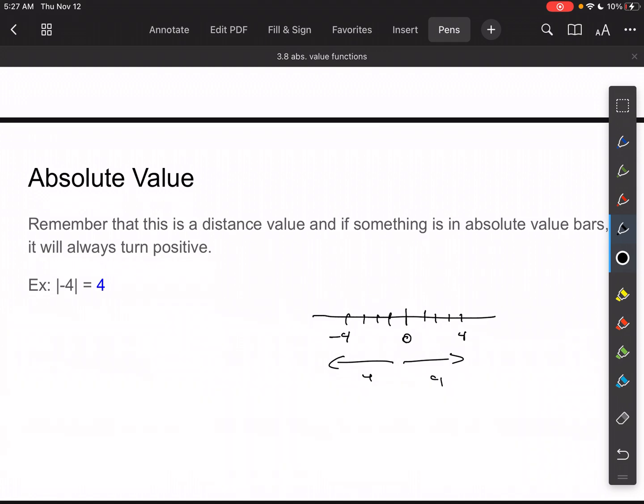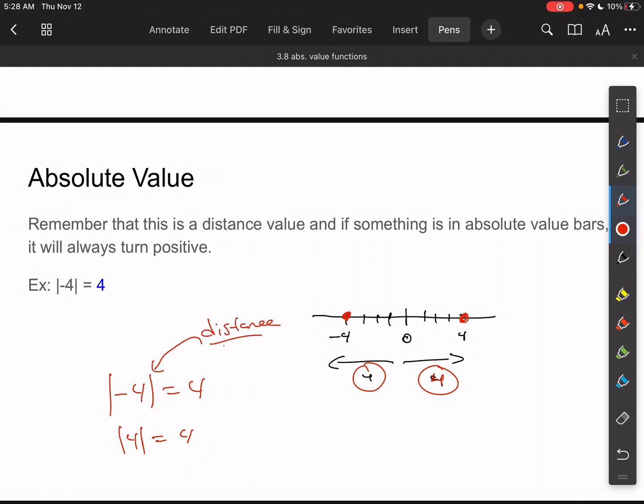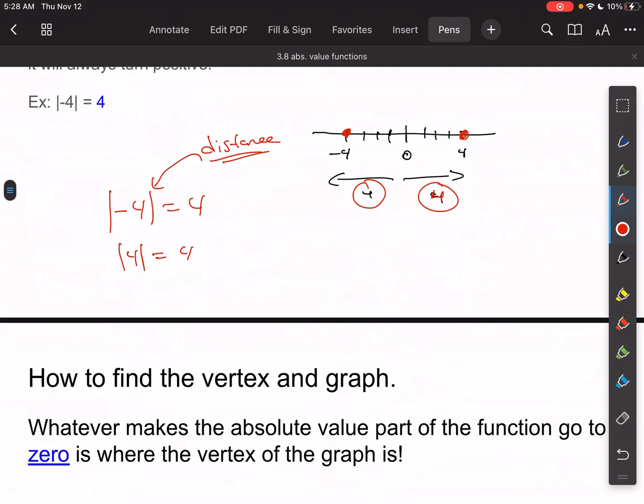So if I'm sitting here on -4 or +4, my distance to 0 is still 4, no matter how I look at it. So the absolute value of -4 equals 4. The absolute value of 4 also equals 4. Whenever you see absolute value, you should just replace that in your brain with distance, right? It is a distance, and distances are always positive.